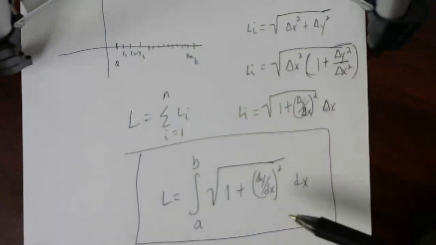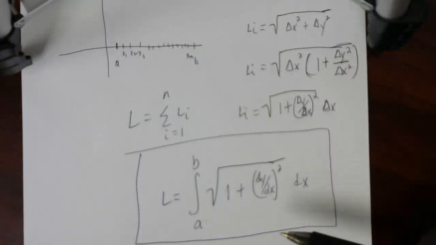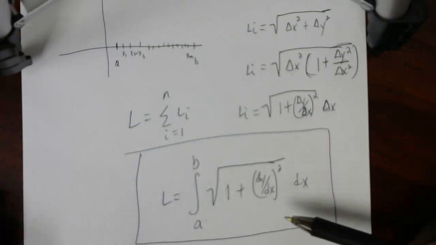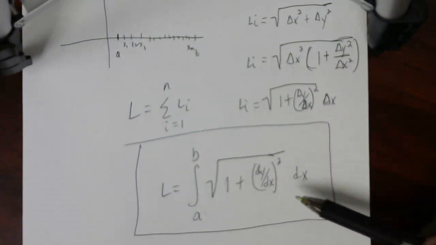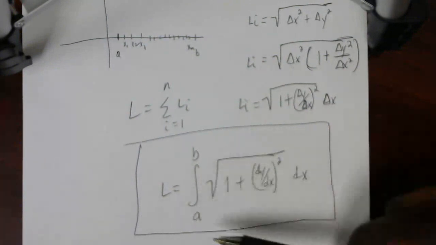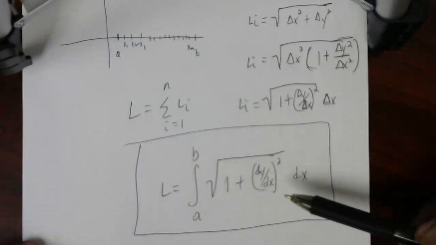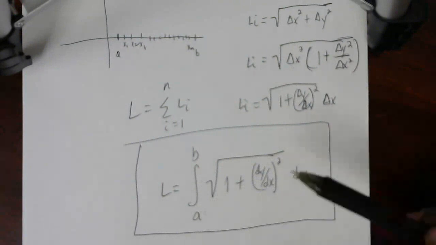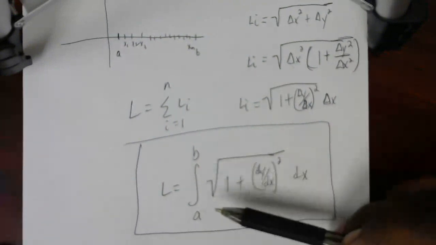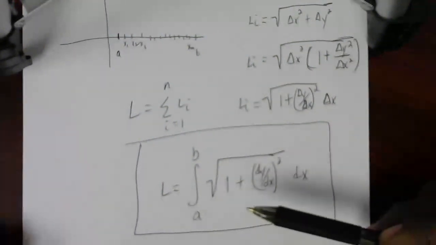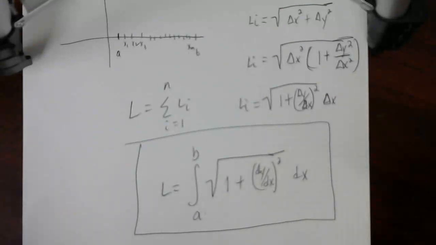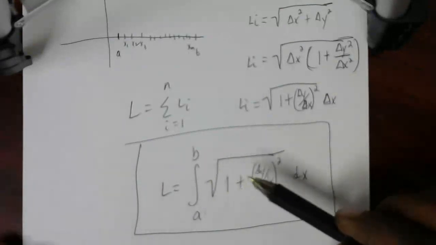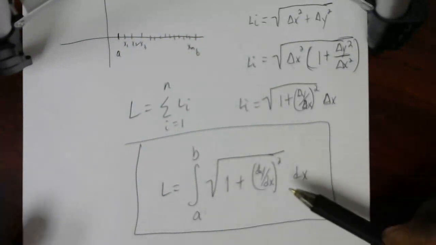Now when we find the arc length and when we find the area of a surface, this is the root for both of those formulas. In computing this integral, we use some type of technology, either a calculator, a computer algebra system, or some other technology.